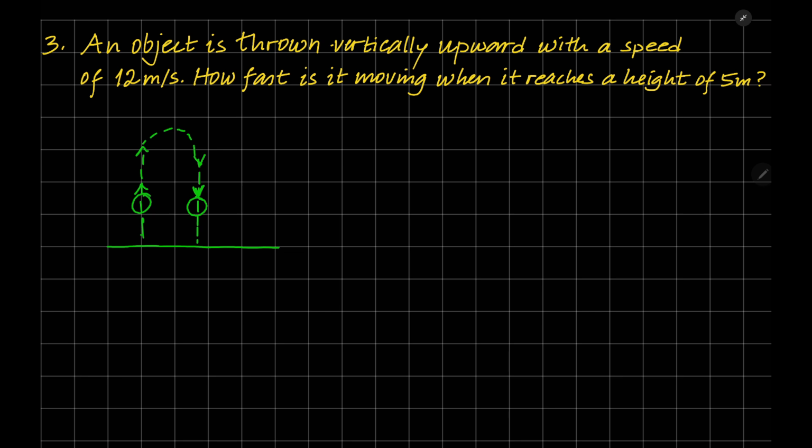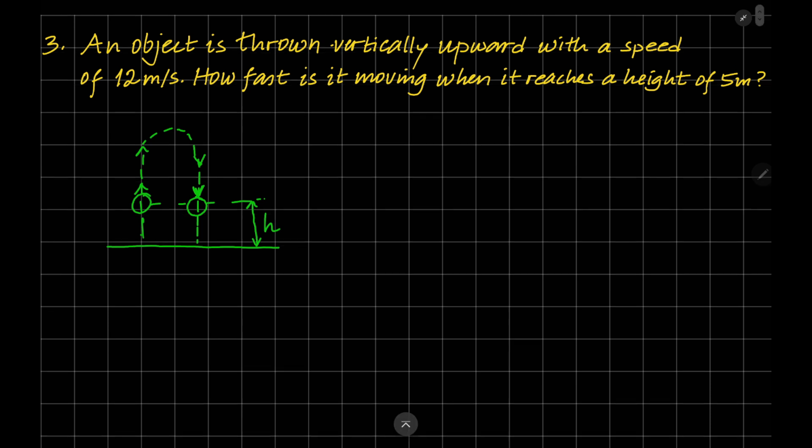And it says how fast is it moving when it reaches a height of 5 meters. Say this is h, height of h. What is the velocity? And h is equal to 5 meters.